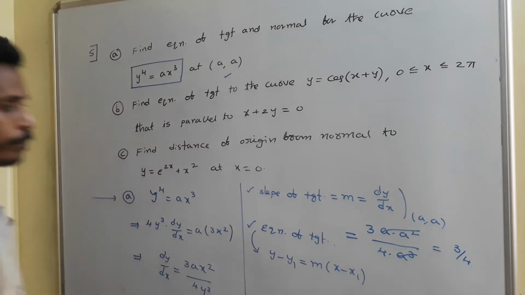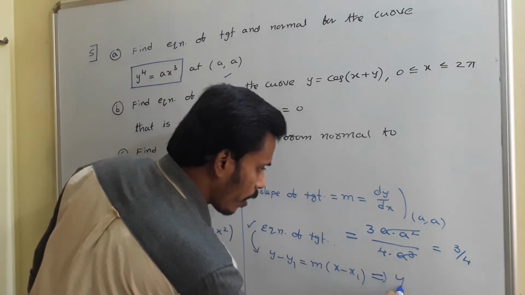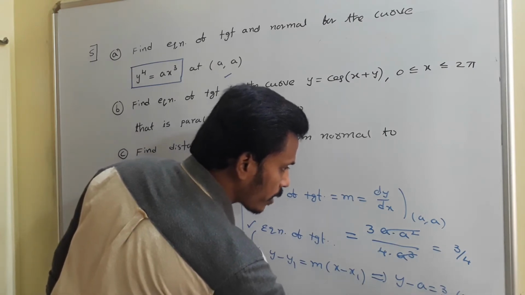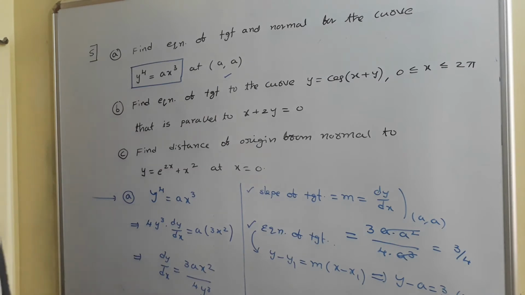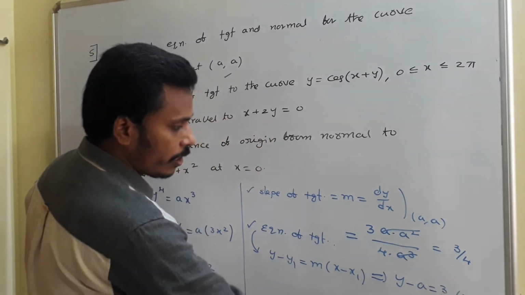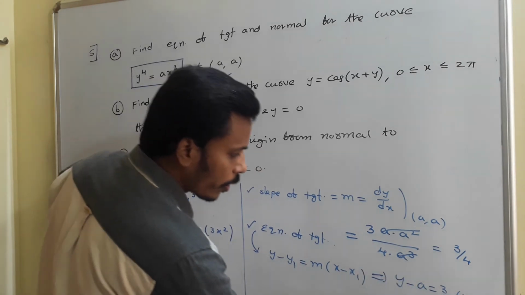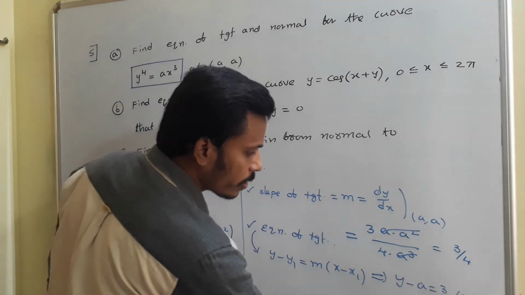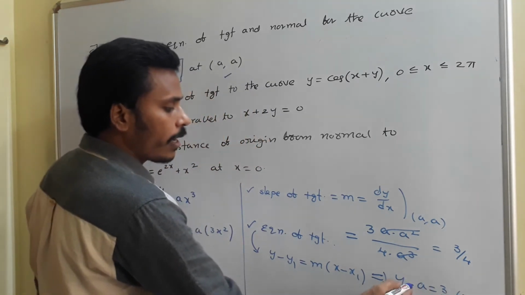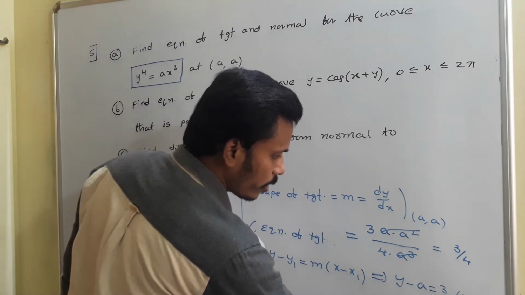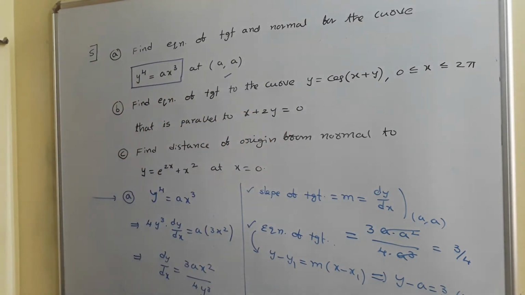So y minus a is equal to 3/4 into x minus a. If you simplify, that is 3x minus 3a equals 4y minus 4a. So 3x minus 4y, and then minus 3a plus 4a, which is plus a, equals 0. So 3x minus 4y plus a is equal to 0.